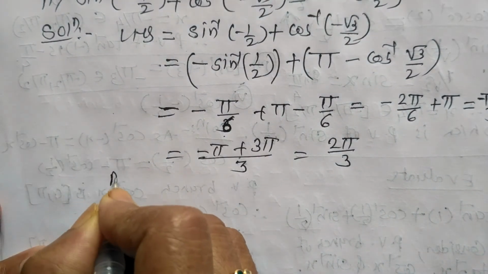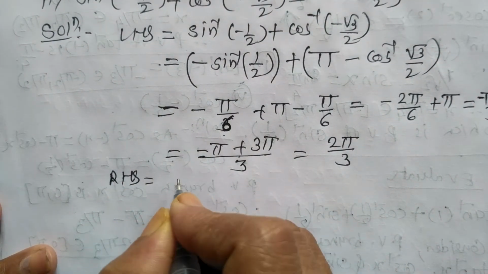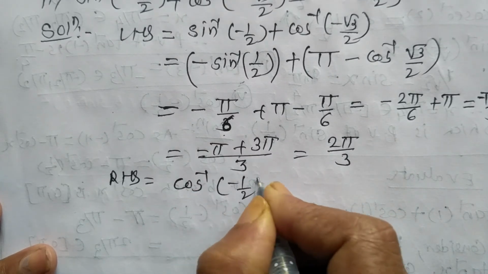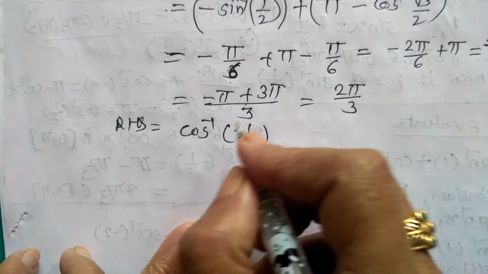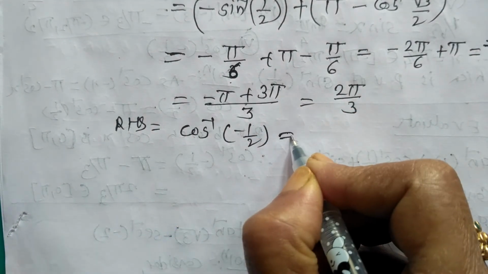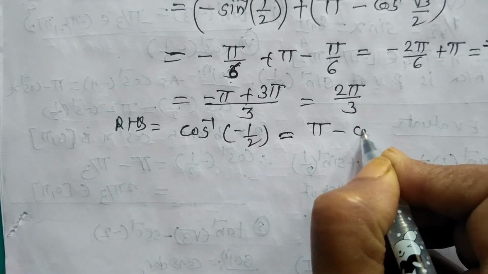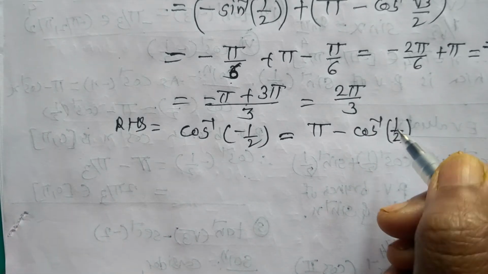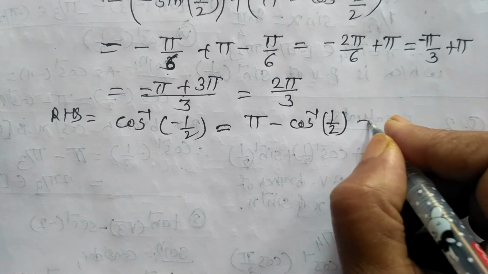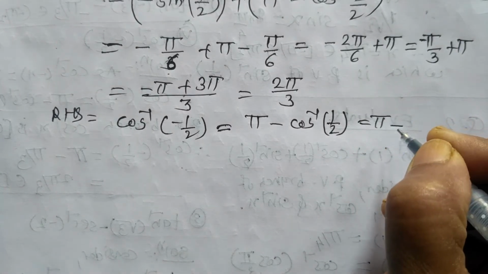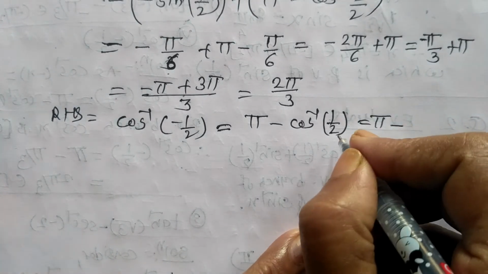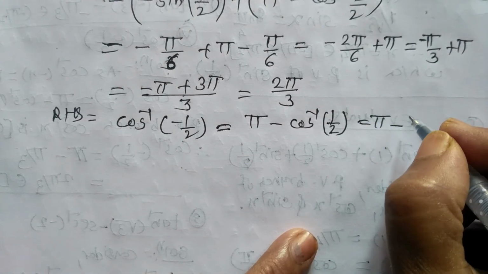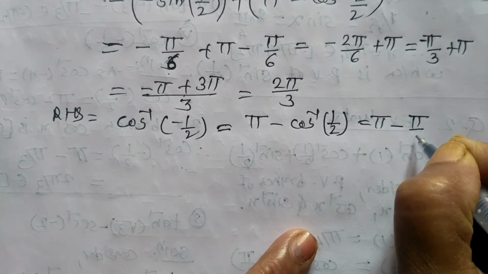Now we take the value on RHS. RHS is equal to cos inverse of minus 1 by 2. Using the property for cos inverse of minus x, this gives pi minus cos inverse of half. Now simplify this. Pi minus cos inverse half, where the cosine ratio has half value for the angle of 60 degrees, which is pi by 3.